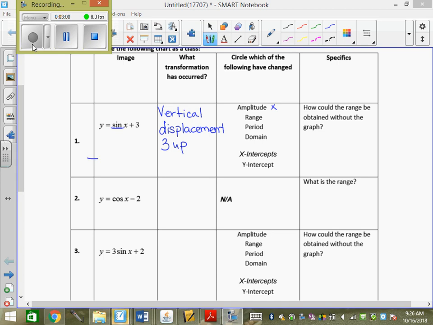Basic sine graphs are from -1 to 1. We agree? But I'm moving it 3 up. So where is it going to be now? 2. Do we think so?